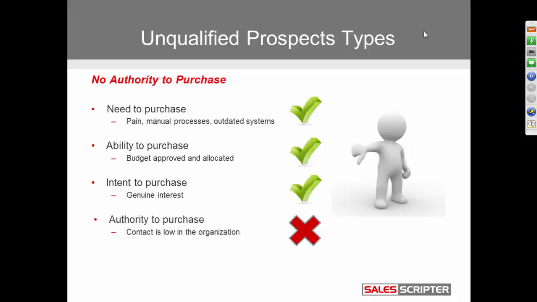There's also the prospect that has no authority to purchase. So let's say that things are failing. You can fix them. There's a need to purchase. They have the money to spend. Everything's great. You're the only vendor they're talking to. If they're going to purchase, they're going to purchase from you. But again, you're dealing with a manager, and it's not the right person that is actually going to sign the deal.